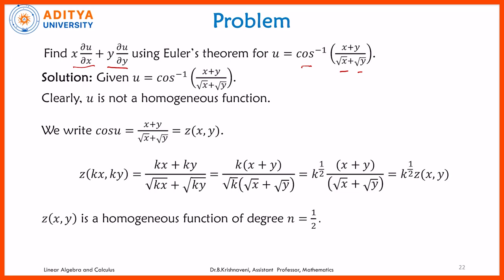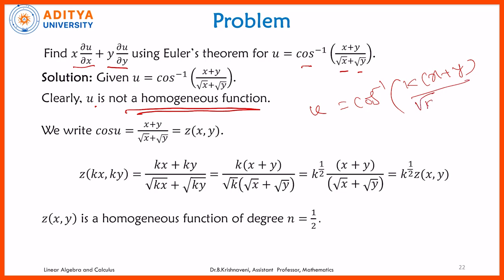If you observe this, if you do u(kx, ky), clearly it is not homogeneous. Once you see that u = cos⁻¹((kx + ky)/(√kx + √ky)), we are not able to resolve it into u = kⁿ u. So that means directly u is not a homogeneous function.